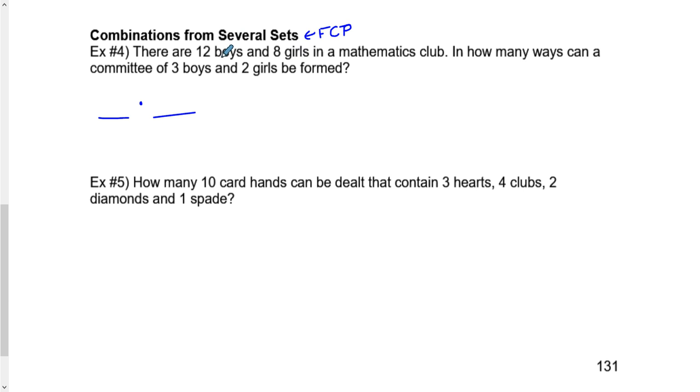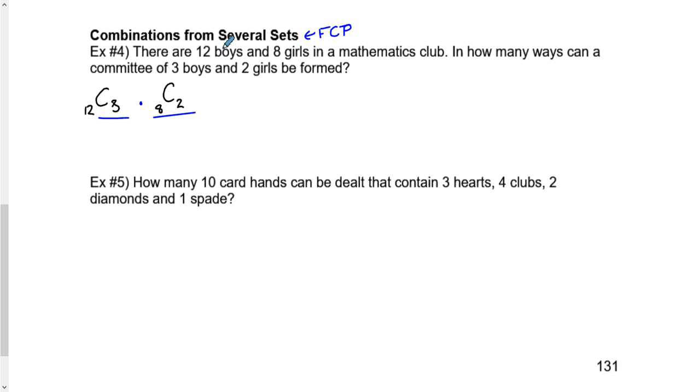For example, if we have 12 boys and 8 girls in math club, yes, there are actual math clubs around, and they're actually pretty cool. I know I'm a nerd. I get to deal with that. How many ways can a committee of 3 boys and 2 girls be formed? Well, what that means is from the 12 boys, you have to select 3 of them, and from the 8 girls, you have to select 2 of them.